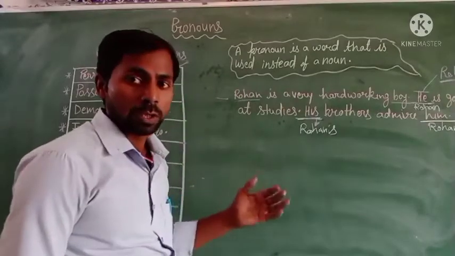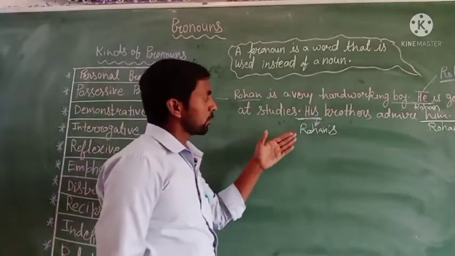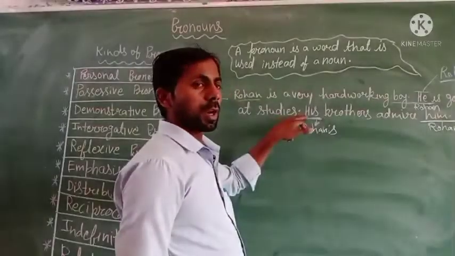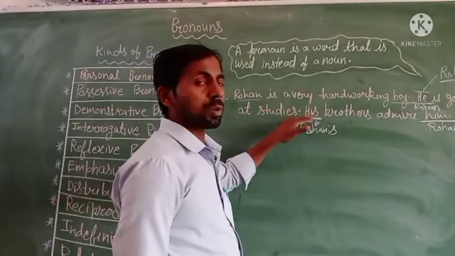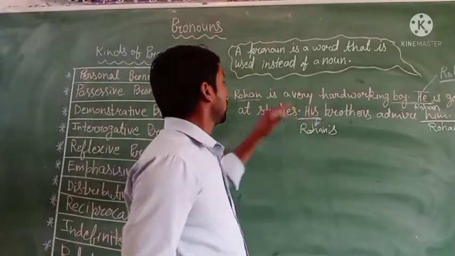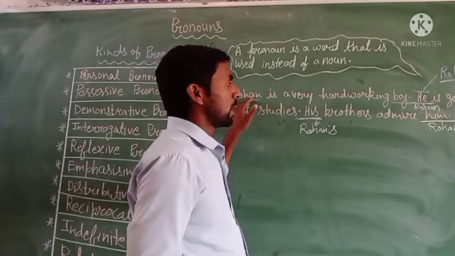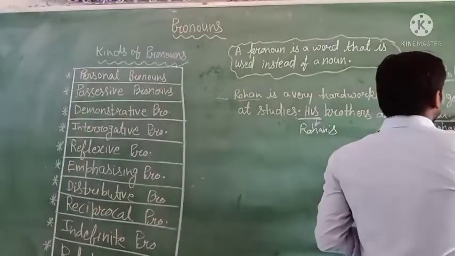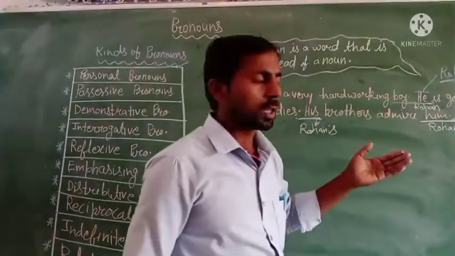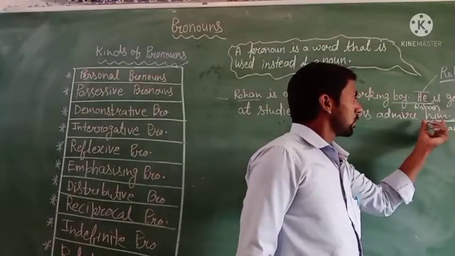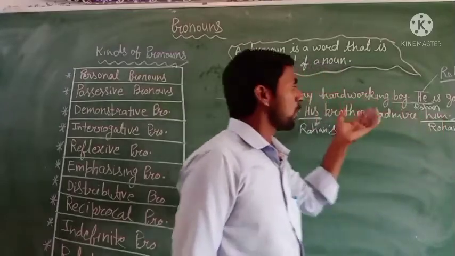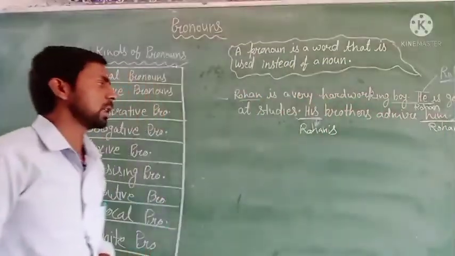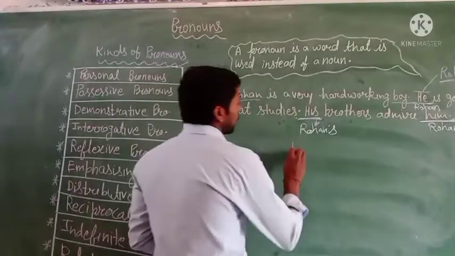It is the possessive form and refers to Rohan. In place of Rohan you can use the word his. And admire him: him is also a pronoun word, and it also refers to Rohan. Clear?